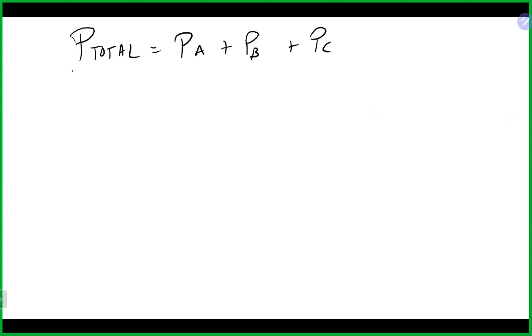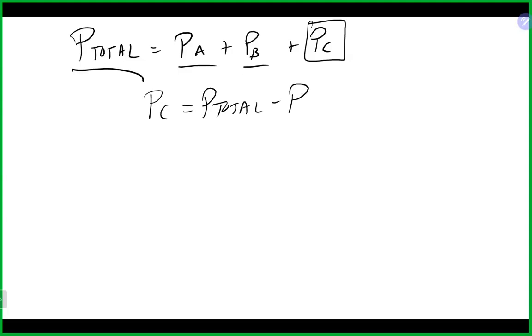And if you knew the total pressure and maybe you knew the pressures of A and B, you could also find the pressure of C by just subtraction, because the partial pressure of C would be our total pressure minus the partial pressure of A minus the partial pressure of B.